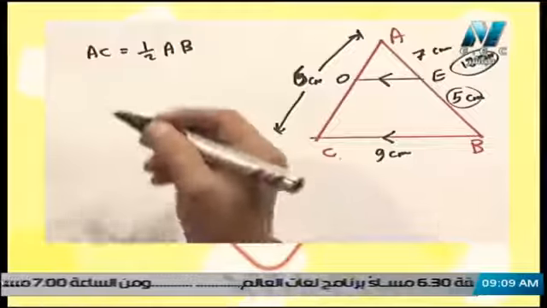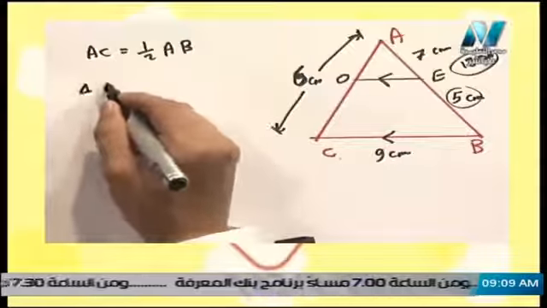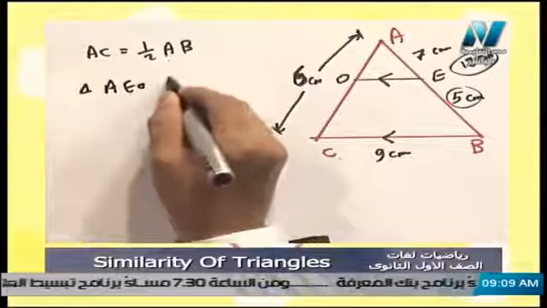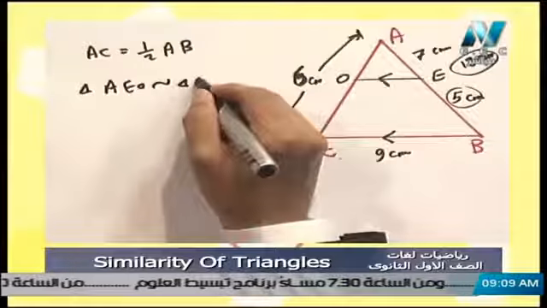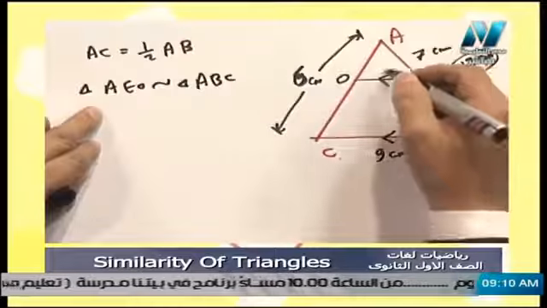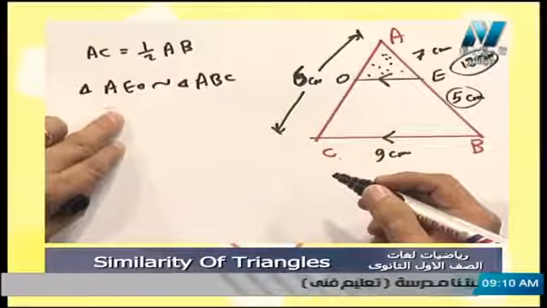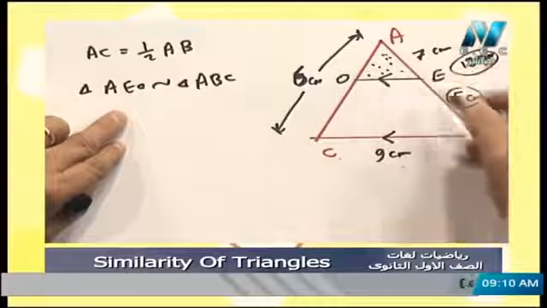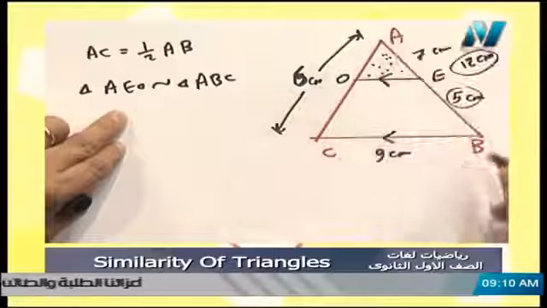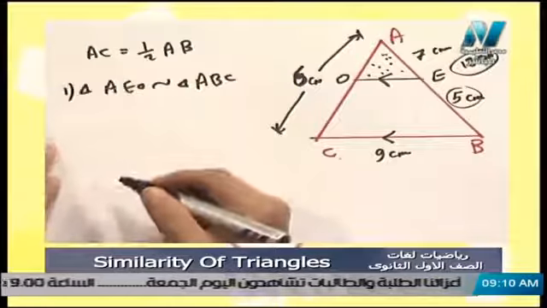The request is to prove that triangle AEO is similar to triangle ABC. Where is triangle AEO? This is triangle AEO here. We would like to prove that this triangle is similar to the bigger triangle, the whole triangle ABC. Okay, that's the first request.